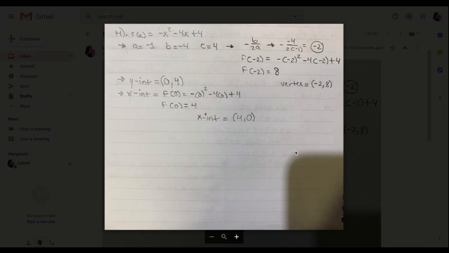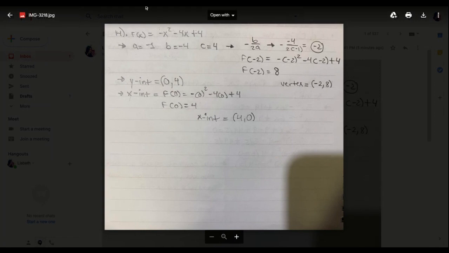In this case, f of x equals negative x squared minus 4x plus 4, so we set this equal to 0: negative x squared minus 4x plus 4 equals 0. We need to solve for x. We set y to be 0, because f of x is y.